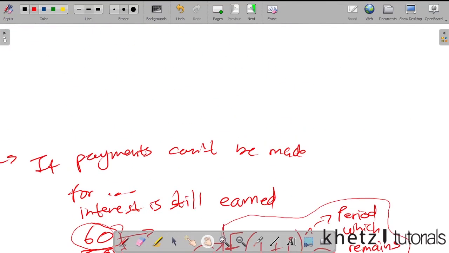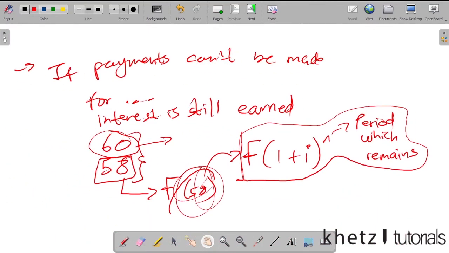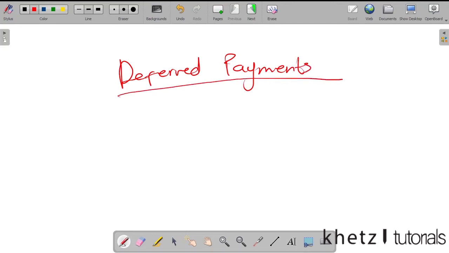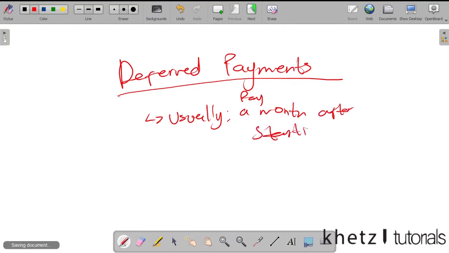And another thing which I want to touch up on is what we call deferred payments. Now, when we talk about deferred payments, usually, as I previously stated, you pay a month after starting a plan, right?